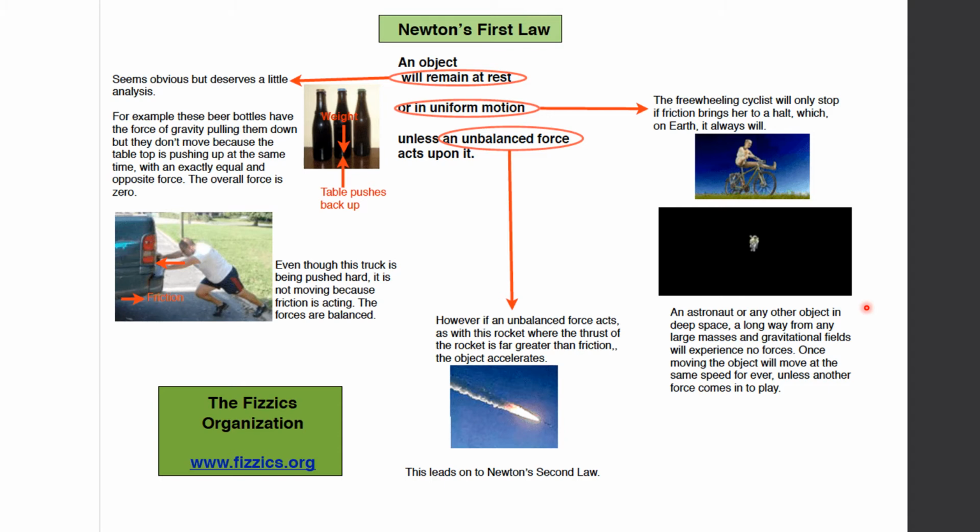Wala kasing air doon. So, nothing will give it air resistance. So, there's no force to act on it. Once moving, the object will move at the same speed forever unless another force comes into play. However, if an unbalanced force acts, as with this rocket, where the thrust of the rocket is far greater than friction, the object accelerates. This leads to the second law of motion.